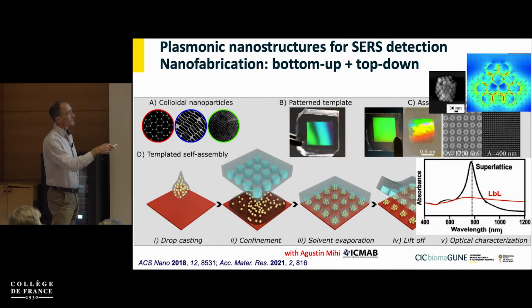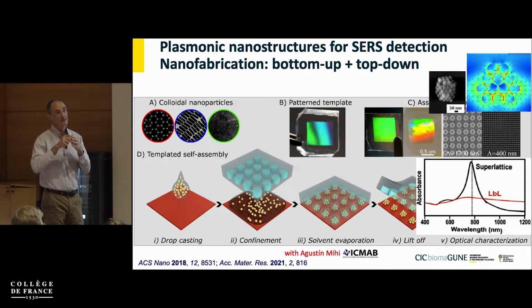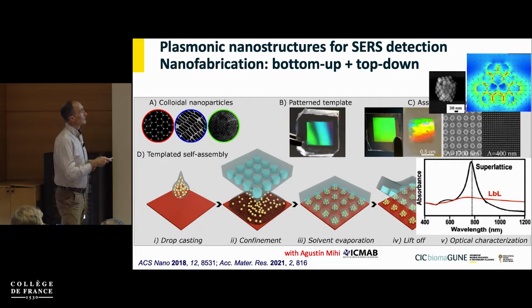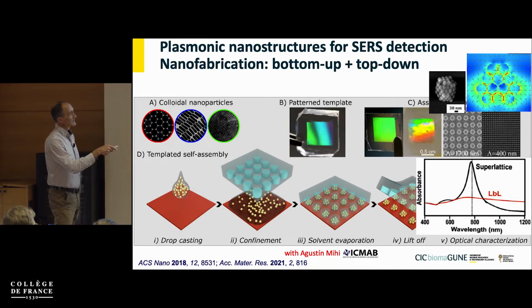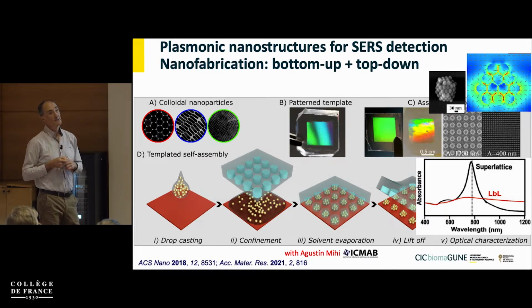Third, when you're organizing the particles like this, each of the dots that you see here would correspond to something like this, where you have crystalline order within each of the spots that then create supracrystalline order in 2D. And now, because of the dimensions of the lattice parameter here, we have not only a plasmonic response, we also have optical diffraction.